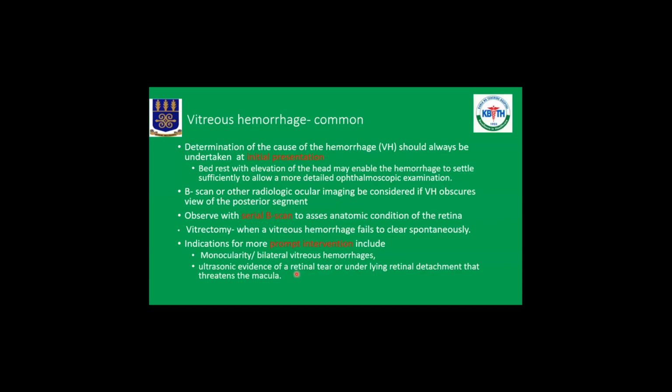So someone mentioned, how long should you observe? There are some that may say you can observe up to 3 to 6 months, but then long-standing vitreous hemorrhage can lead to various complications, including glaucoma, and membrane formation on the retina that can lead to traction and epiretinal membrane forming.